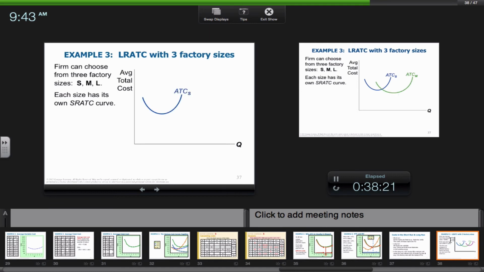This is the average total cost curve of the small factory, average total cost of the medium factory, average total cost of the large factory. In the long run, we can change from one to the other. But in the short run, you're building only one of these. Right?